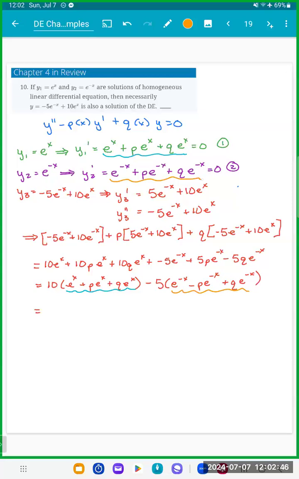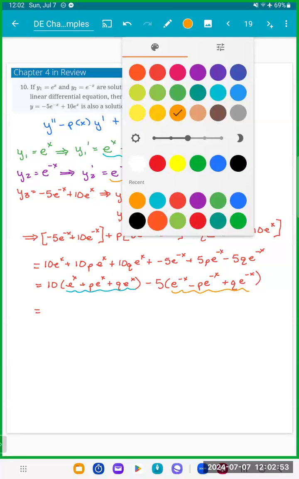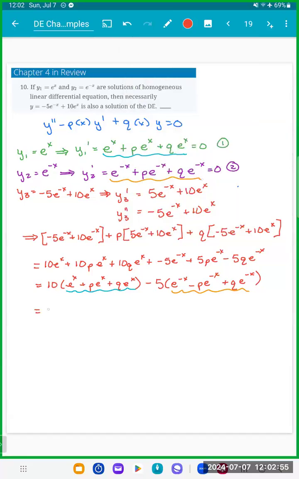So from equations 1 and 2, we can say that this is 10 times 0 minus 5 times 0. And so this is going to give us a 0.